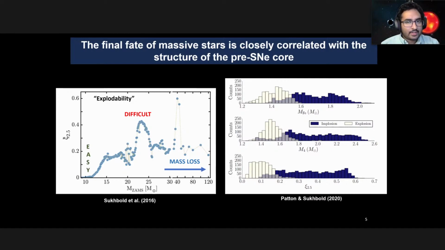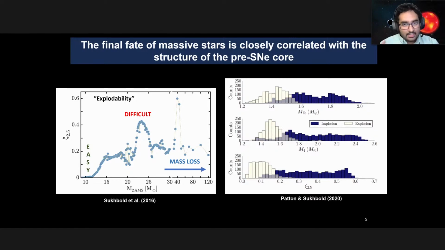A good metric to define this explodability is something called the compactness parameter, or Xi 2.5, shown in this plot here, which characterizes the innermost 2.5 solar masses of the star, and it is evaluated when the collapse speed of the star exceeds about 1,000 kilometers per second.